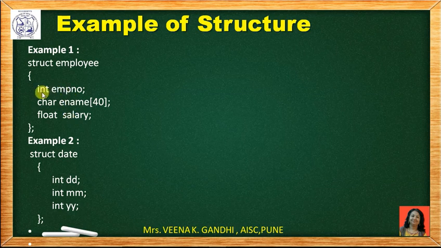Employee number is of int type, employee name is a character array of 40 length, and salary is of float type. After the closing braces, we put the semicolon here. Next, you can define a date structure which contains the day, month, and year. So int dd, int mm, and int yy. After the closing braces, you give the semicolon here.